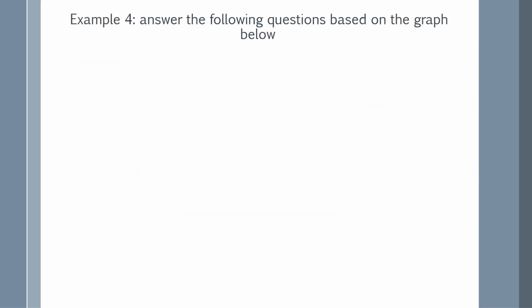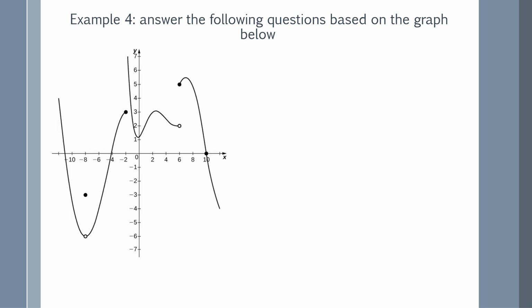Let's finish our discussion with a fairly involved example that will give you a pretty good idea of what you could expect on major assessments such as exams and quizzes. So here you see a graph of a piecewise defined function, and I would like to answer a series of questions about it. We're going to start with f evaluated at -8.